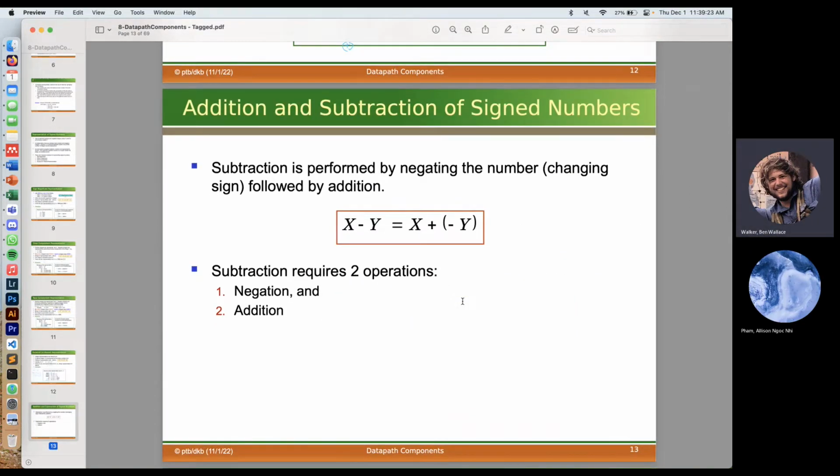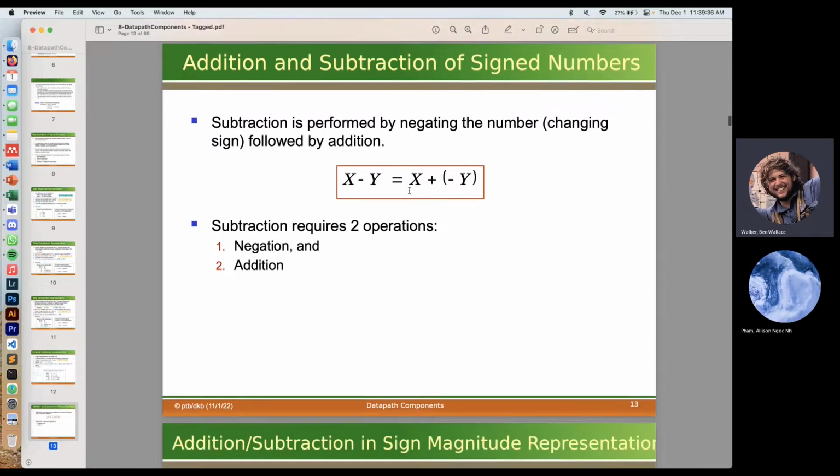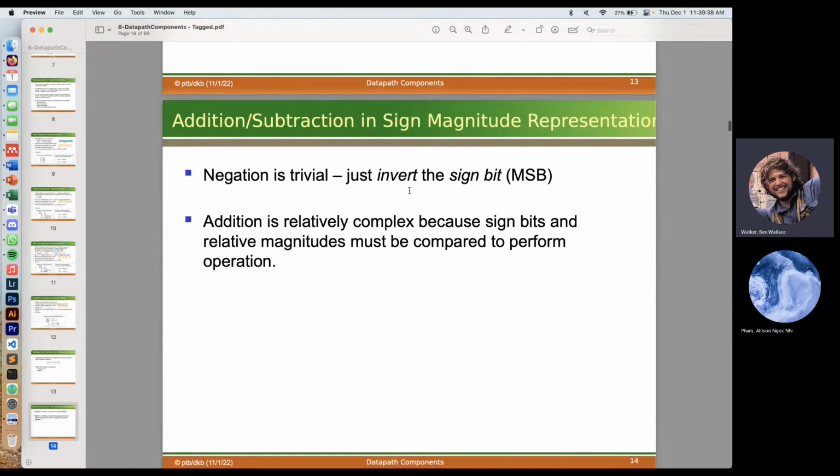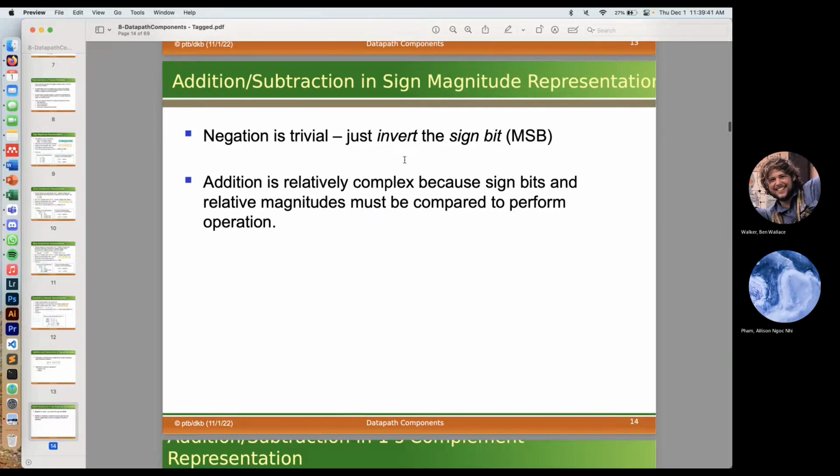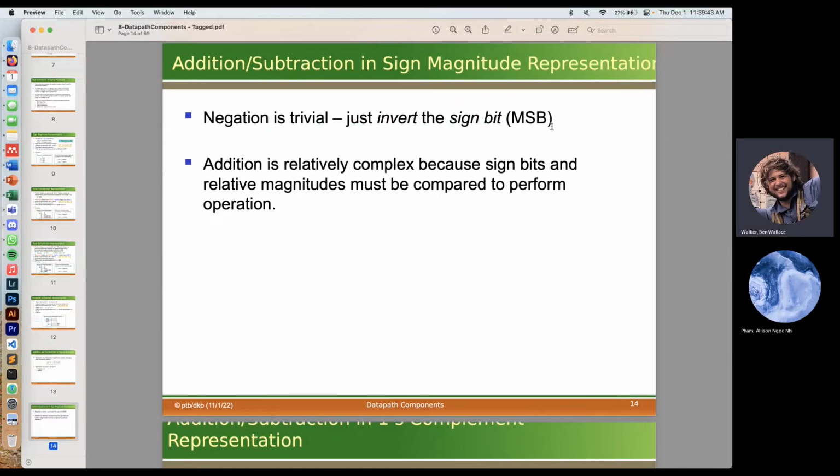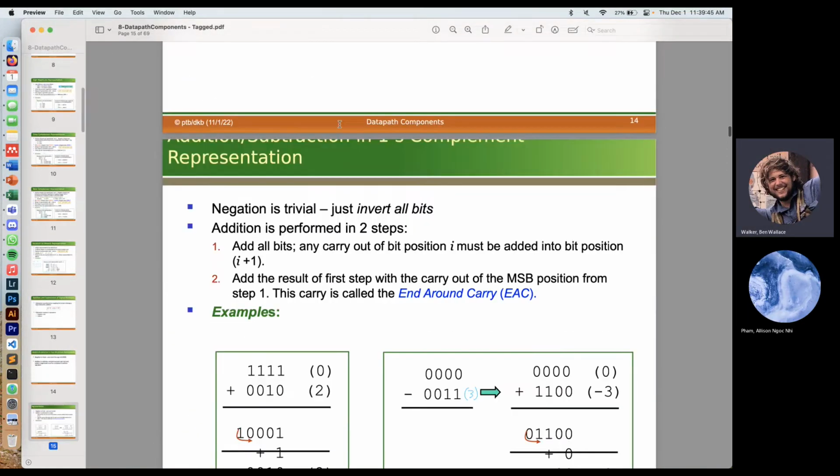Okay, as I said before, typically for subtraction, you just negate the number and add it. This is very, very simple in 2's complement, but it's not very straightforward in other representations of signed numbers. As I'm saying here, for magnitude, just change the sign bit.